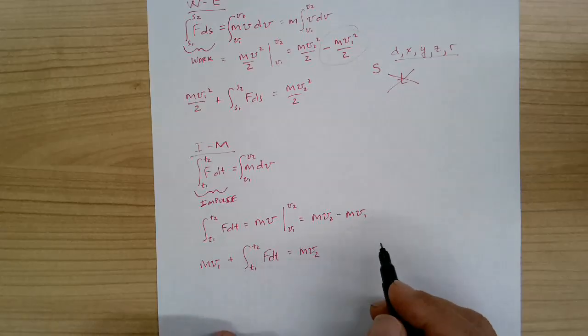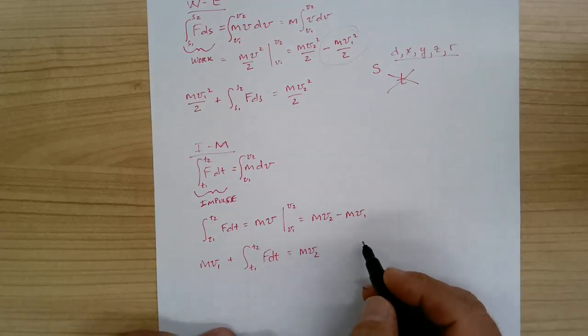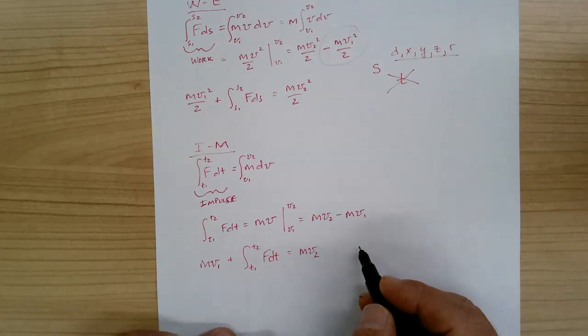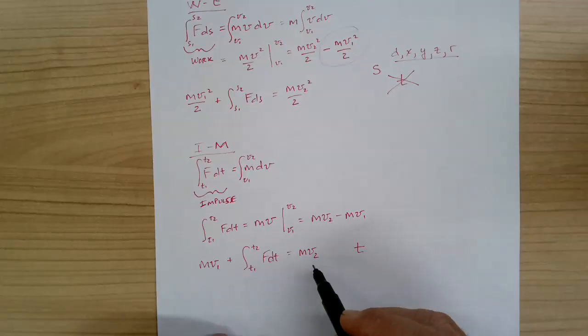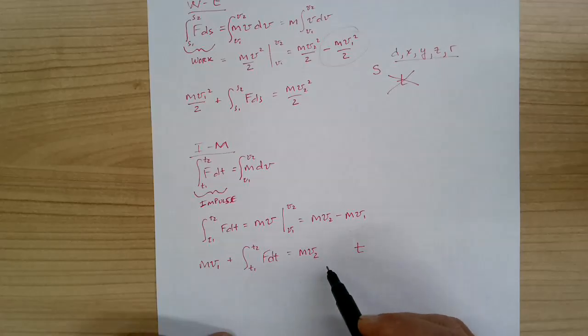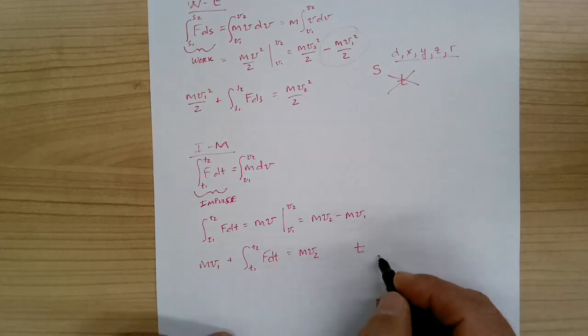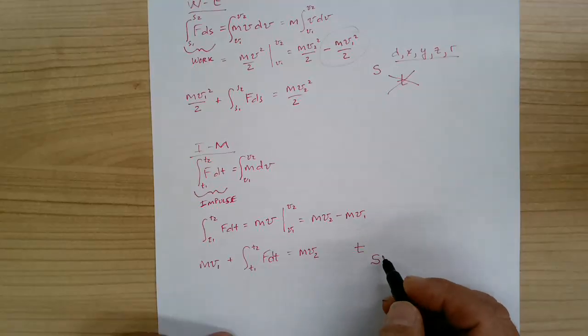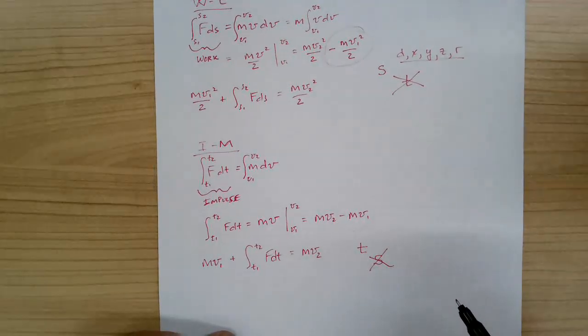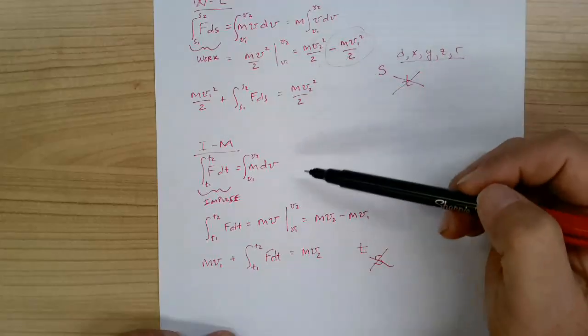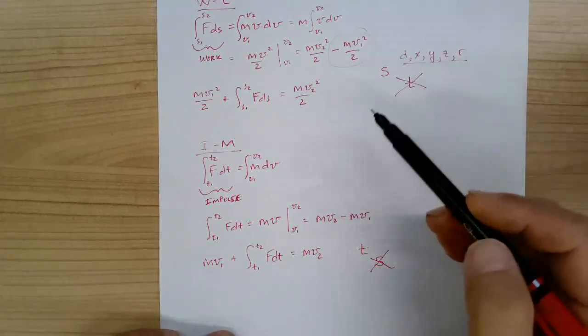Once again, if you have a question that's asking you about time and associated velocities, or a force that produces certain velocities, this is the equation you want to use. You're not going to use this equation if it's asking you what's the position of a particle at some future time. So, work and energy, impulse and momentum.